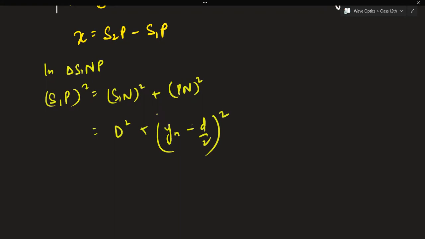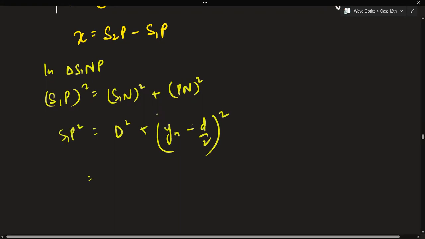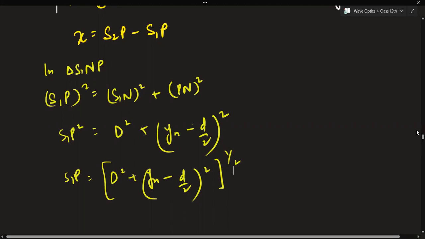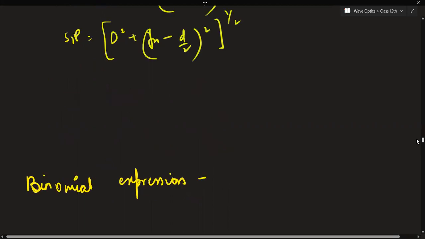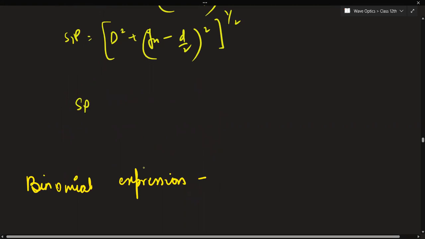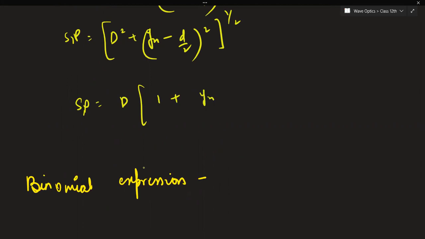From here, S1P will be the square root of D square plus yn minus d by 2 whole square. Before applying the binomial expansion, take D outside the bracket, that will make your work easier: yn minus d by 2 by D square.